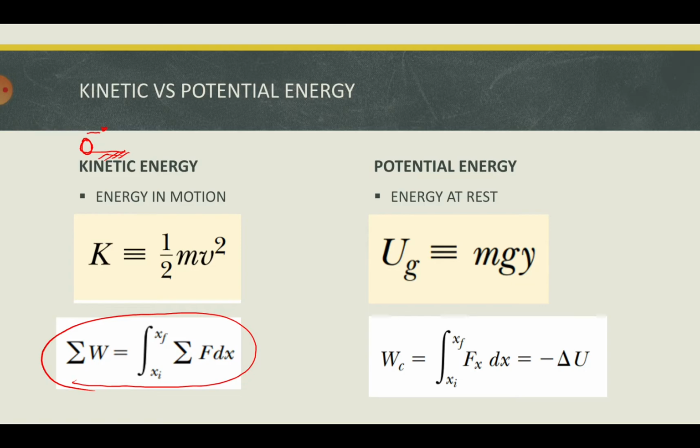Kinetic energy is a form of energy that an object or particle has by reason of its motion. If work, which transfers energy, is done on the object by applying a net force, the object speeds up and thereby gains kinetic energy.